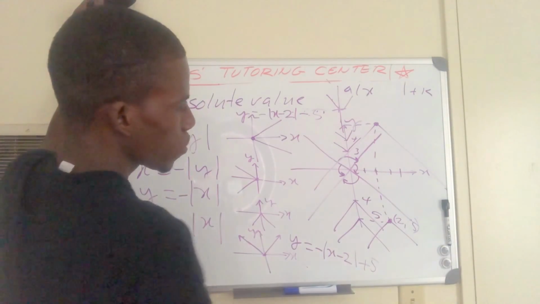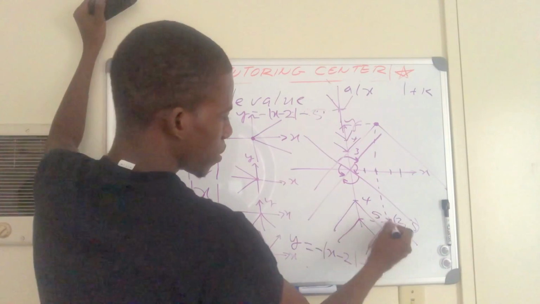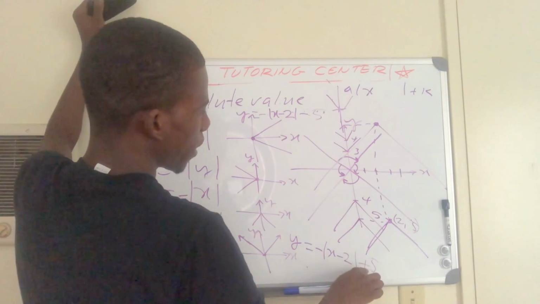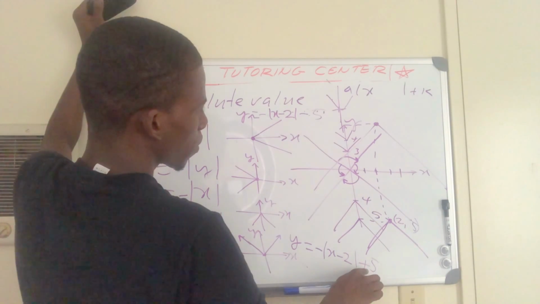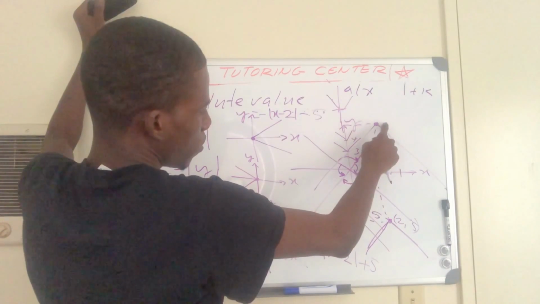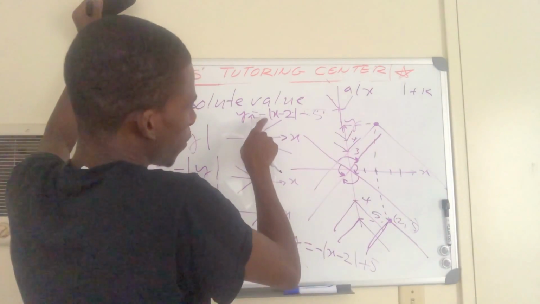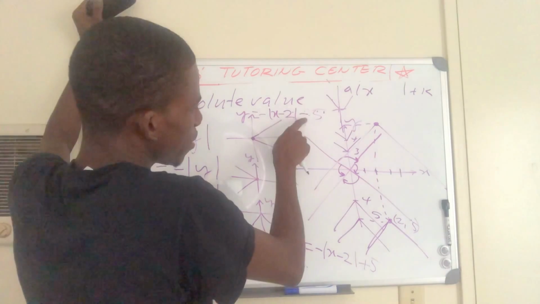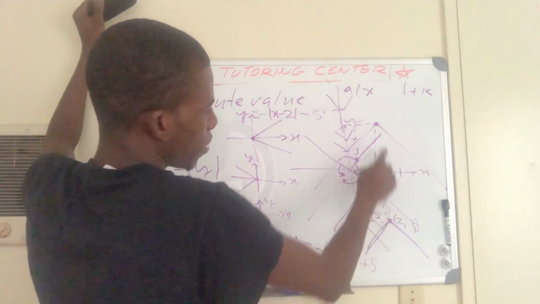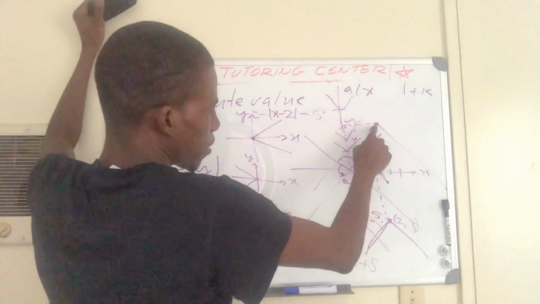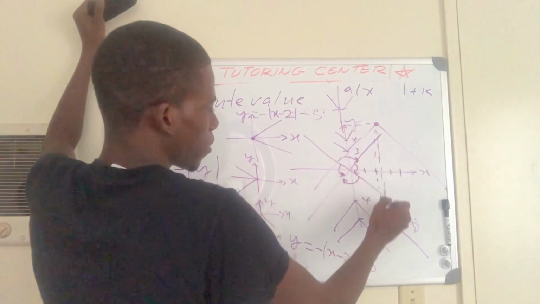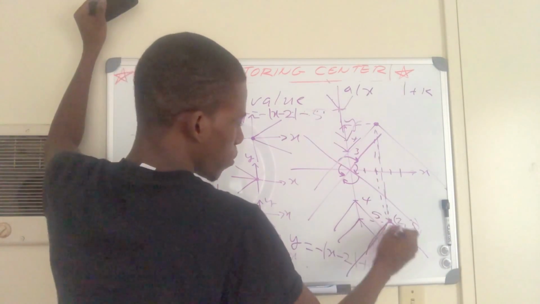You see minus absolute value of x minus 2 plus 5, k is plus 5, is up over here, and minus x minus 2 minus 5, when k is negative 5, it's going to be down right here. If you can see, there's going to be a mirror right here. The vertex is mirroring, and they're both going down.